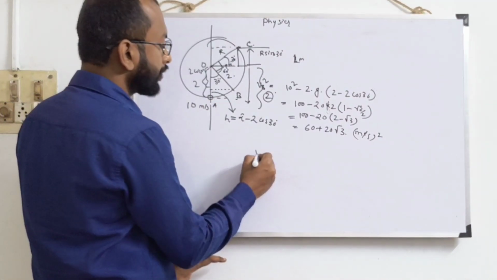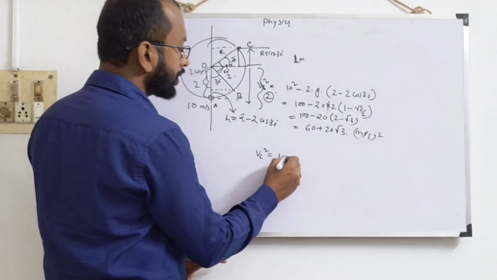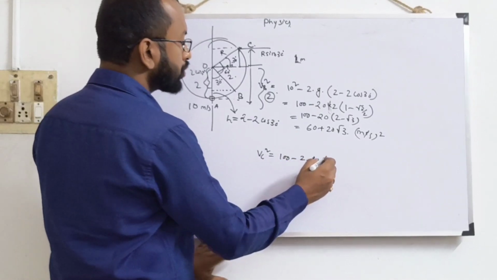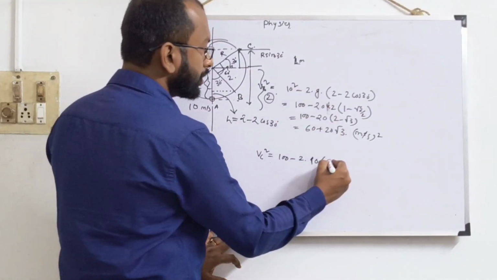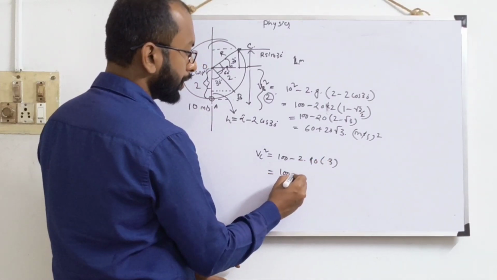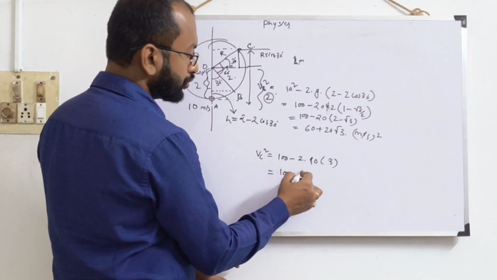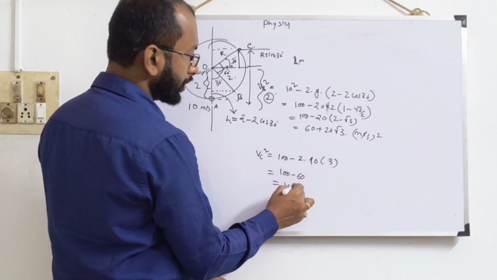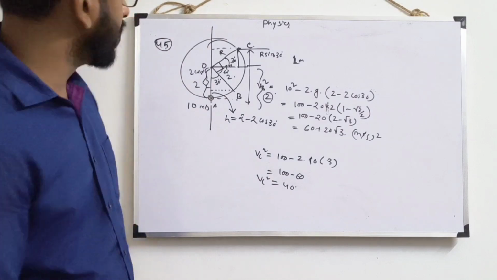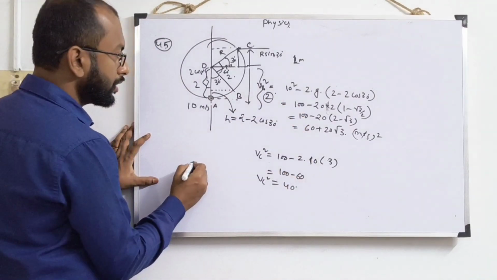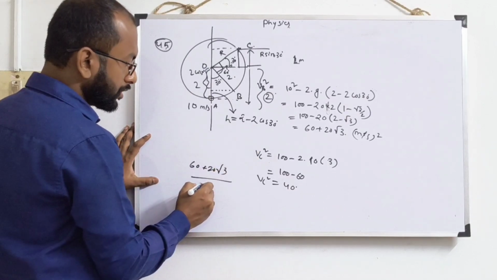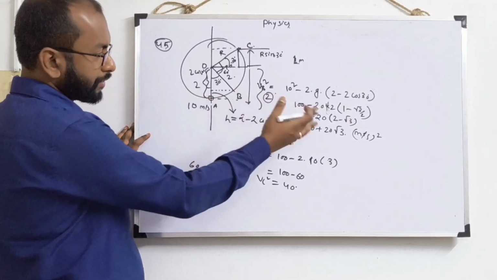So what will be the velocity square? V square minus 2 into 10 into h, h is 3, so 2g into 3. So it is becoming 100 minus 60, so 40. Their kinetic energies ratio of B and C will be 60 plus 20 root 3 by 40, because it's just the ratio of their velocity square.